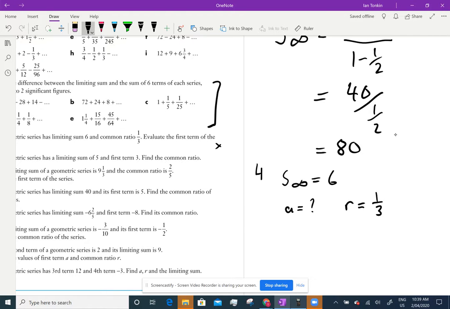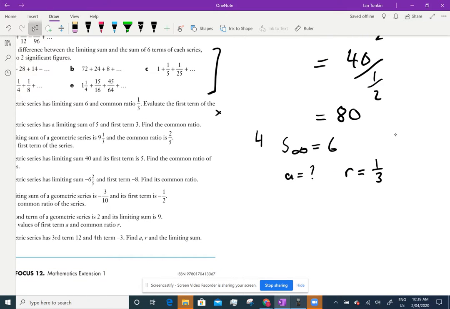Well, it's just an equation. You just have to solve it. 6 equals A on 1 minus R, so 1 minus a third. 6 equals A on 2/3.